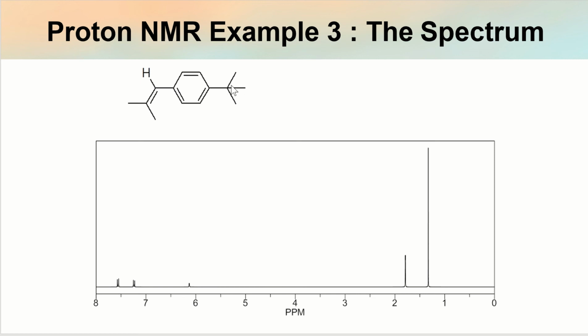There's no proton here because it's a quaternary carbon. There's no proton here, so we have 2 protons here, 2 protons here, here and here respectively. We have this proton here, and we have these protons here.